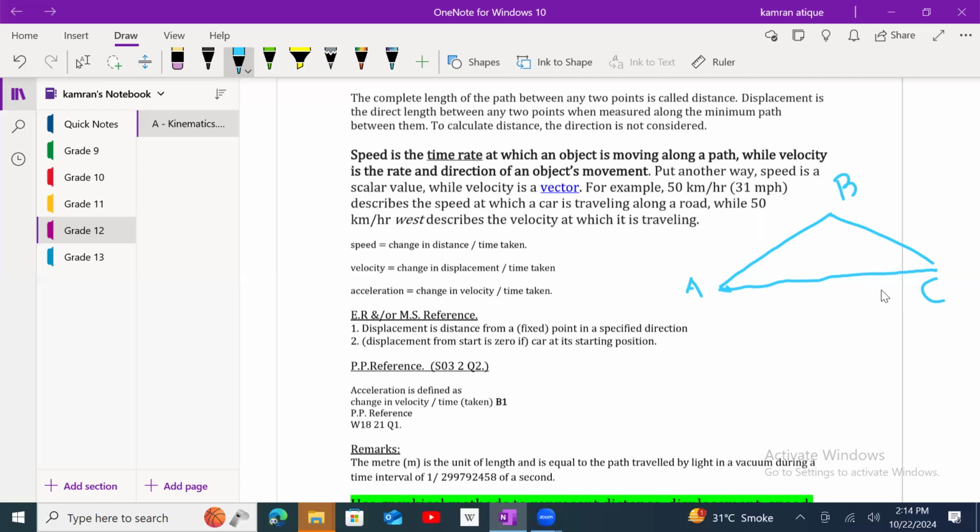To calculate distance, the direction is not considered because distance is a scalar quantity. And you know, for a scalar quantity, we only have to calculate its magnitude. We are not interested at all in the direction because a scalar quantity does not have a direction. A scalar quantity can be completely understood if only the magnitude with an appropriate unit is given.